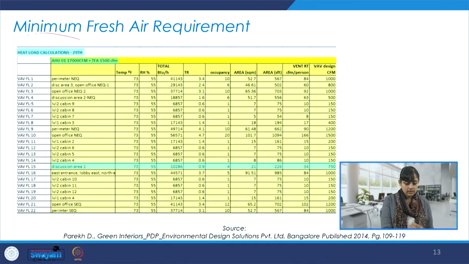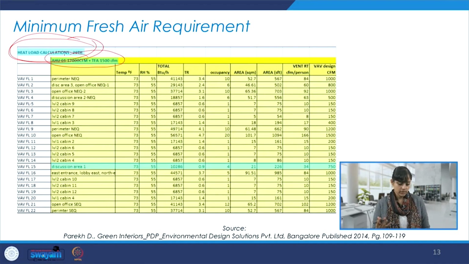So again, let's say if you have to calculate the minimum fresh air requirement, and we are talking about some heat load calculations, we also have some AHU in mind, the air handling units. And if we are talking about the case of a discussion area, we can make these kinds of inventories and put these parameters and data in that table and try to understand and calculate.